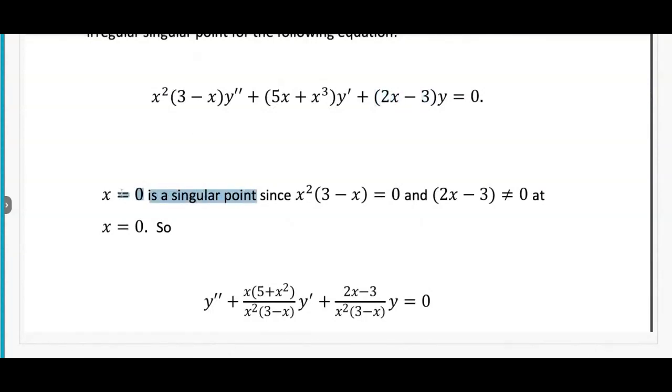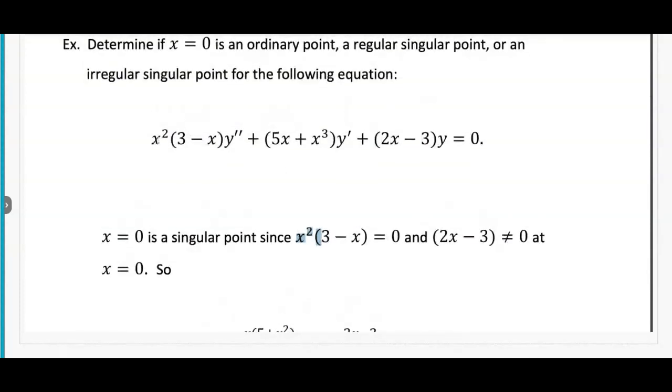X equals 0 is a singular point because we see x squared. If we divide everything by a of x, then p of x will be b of x divided by a of x. So x squared times 3 minus x will be the denominator in the p of x.